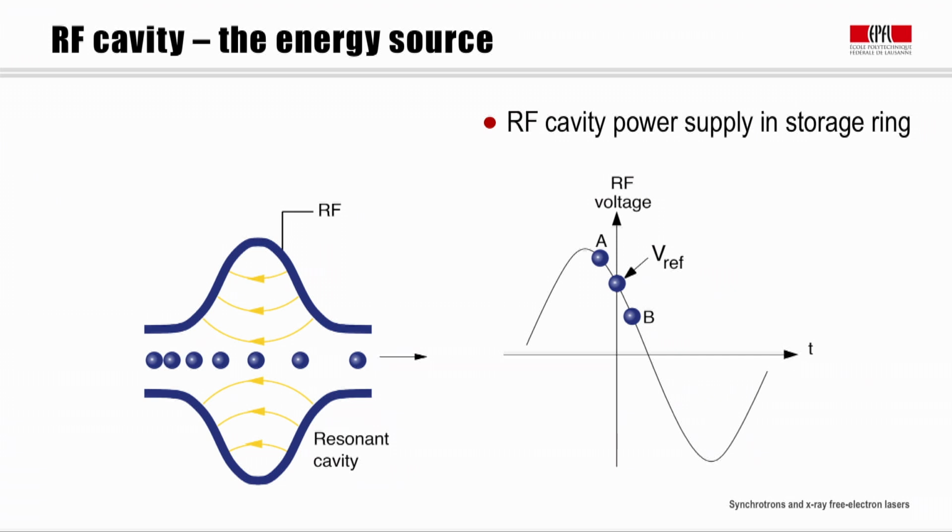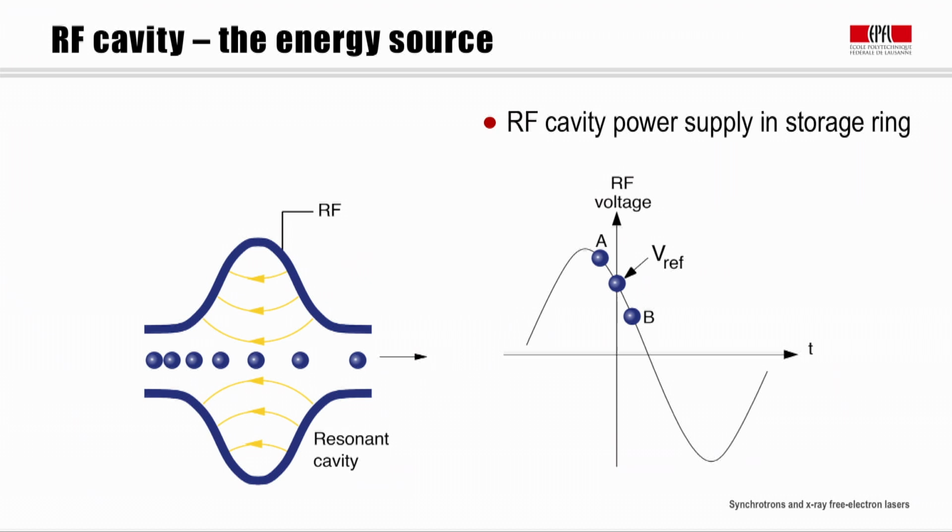B, therefore, enters the cavity first and is accelerated by the cavity's field. Electron A enters a little later, at which point the field amplitude has increased in its sinusoidal cycle by an amount just enough to accelerate it to the same energy as electron B.